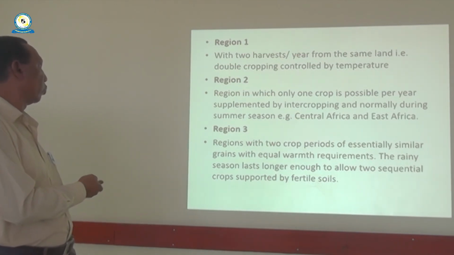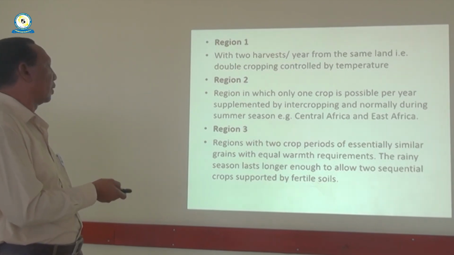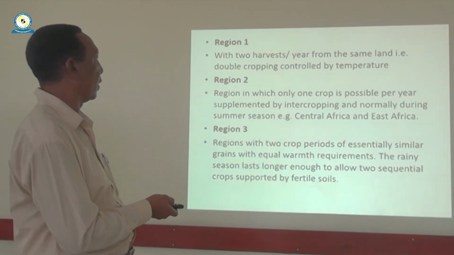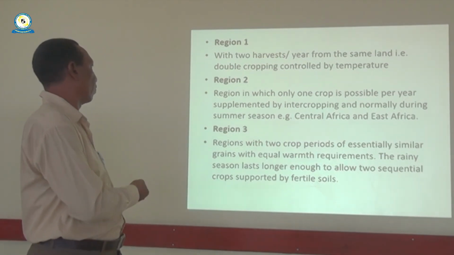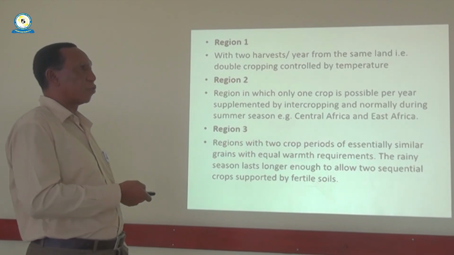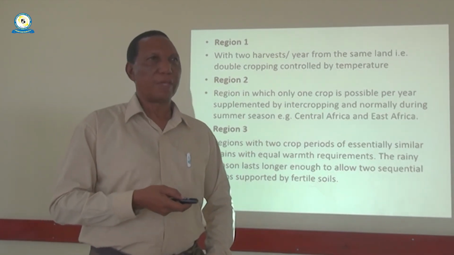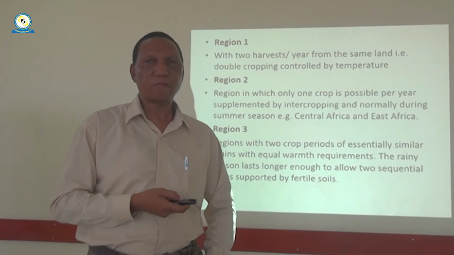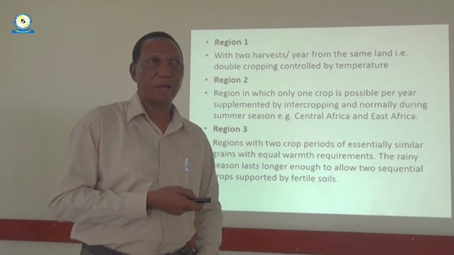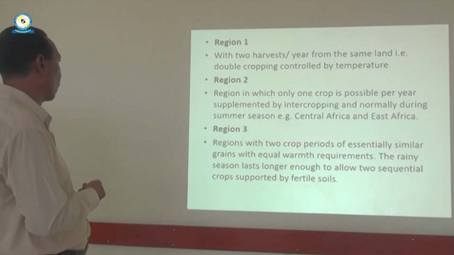Region 2, in which only one crop is possible per year, supplemented by intercropping, normally during summer seasons. You see, Central Africa and East Africa. Actually, if human beings are interested in reaping throughout the year, they have some checks like this. They are controlled by the physical environment.